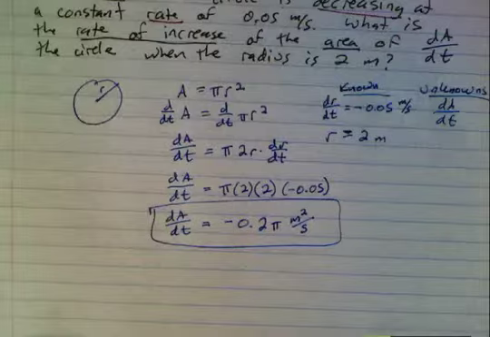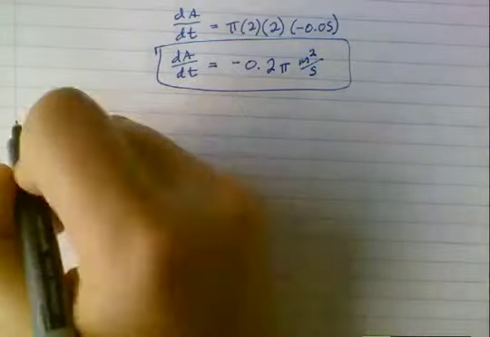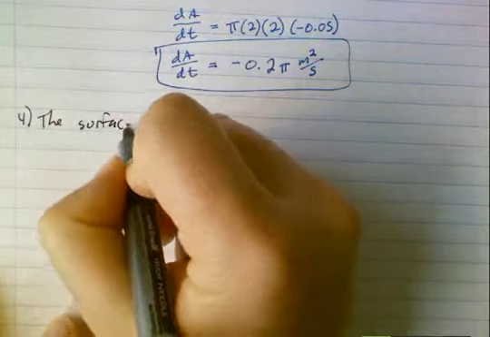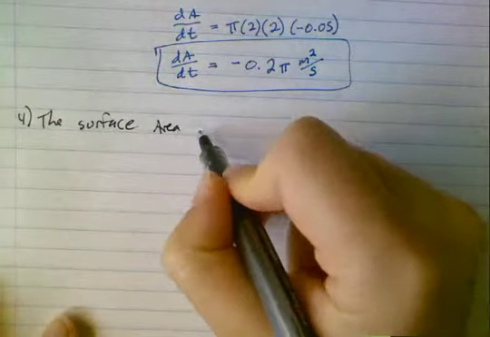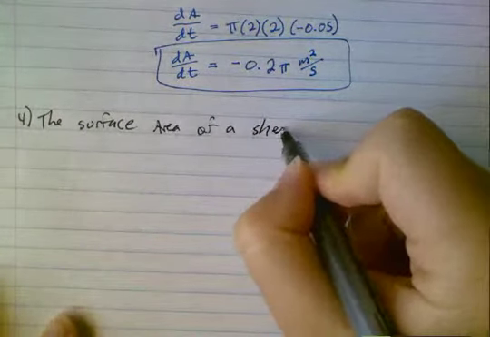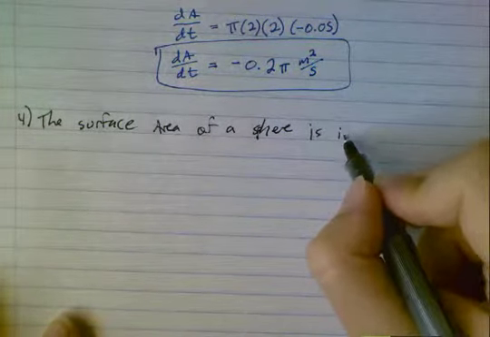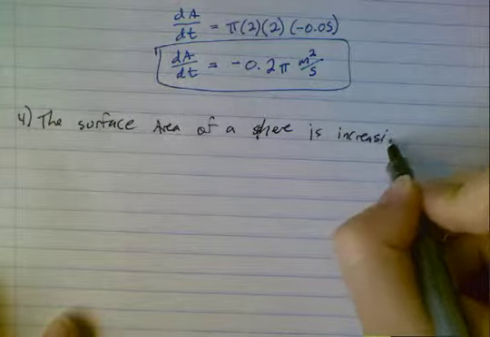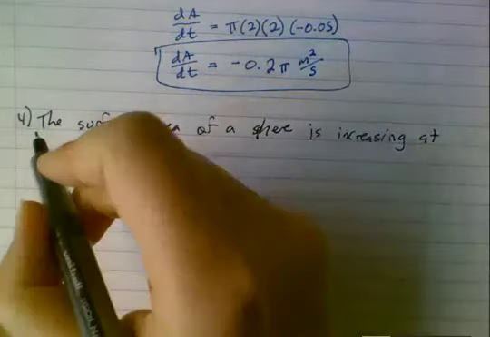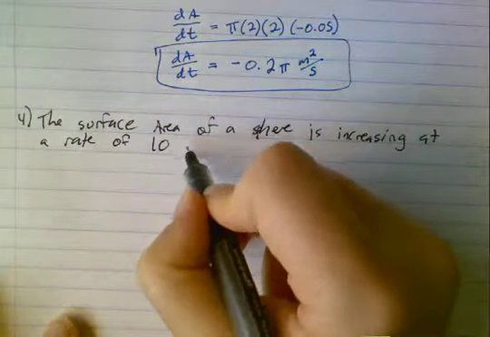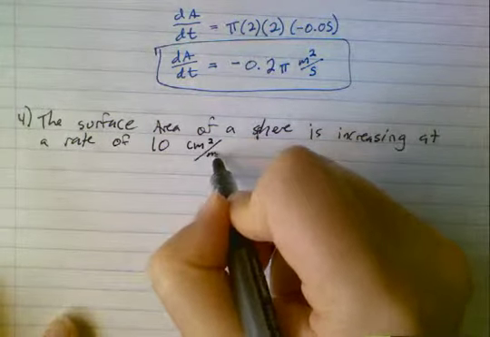Okay, one more problem. The surface area of a sphere is increasing at a rate of 10 centimeters squared per minute.